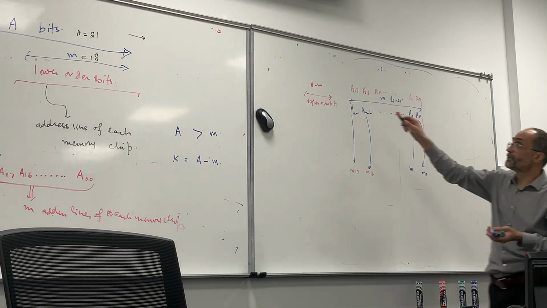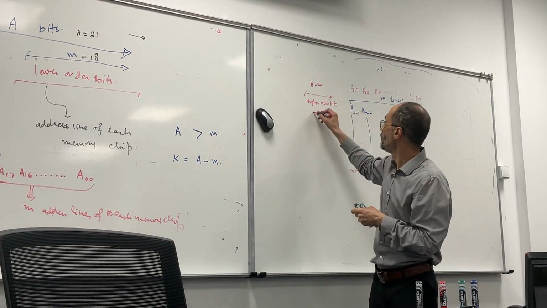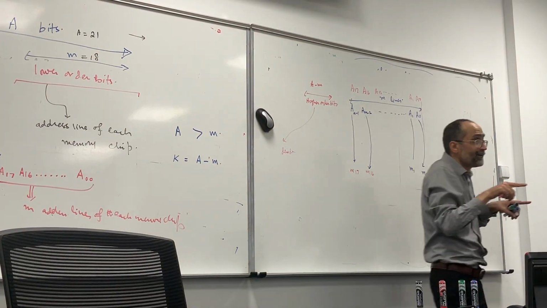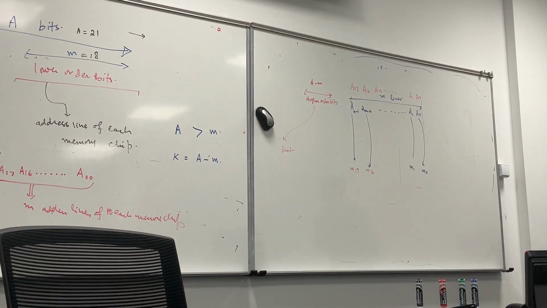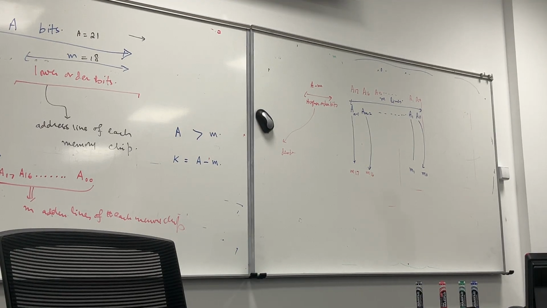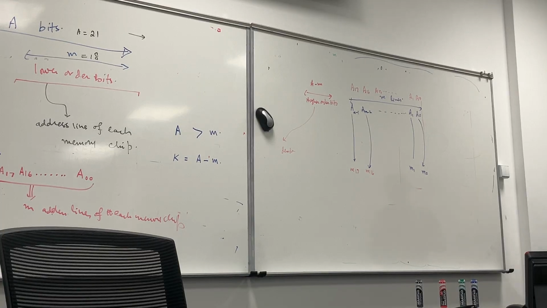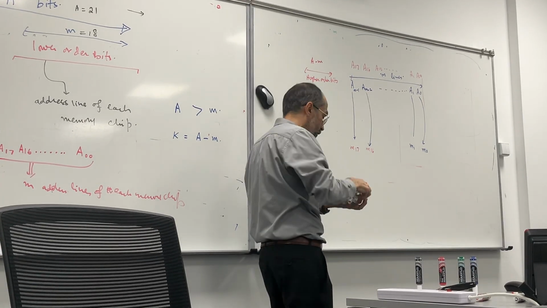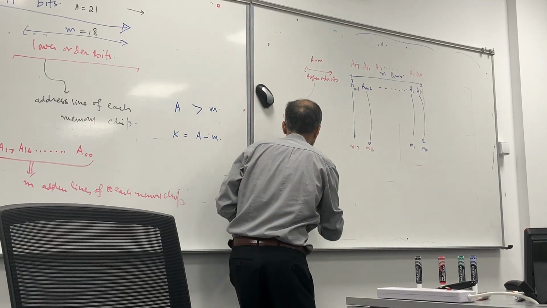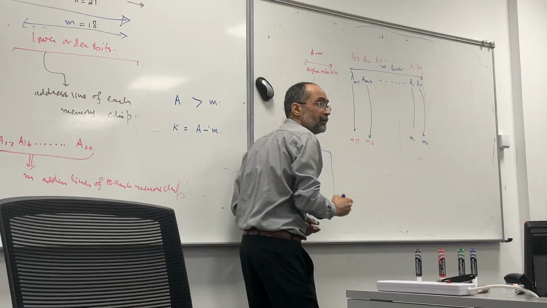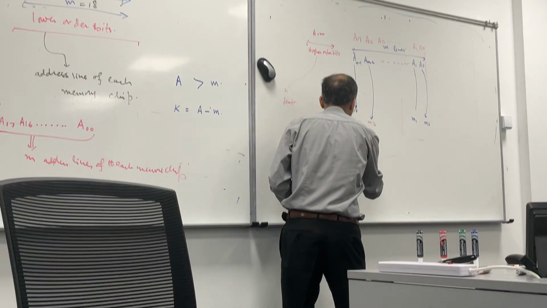And these higher order bits will go to the input of the decoder. How many outputs are there from the decoder? The input to the decoder is the A minus M bits, and the output of the decoder is what?